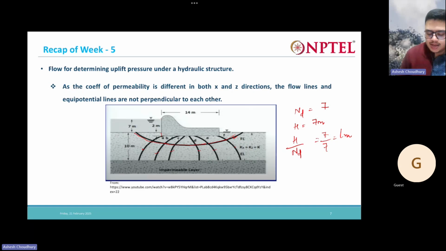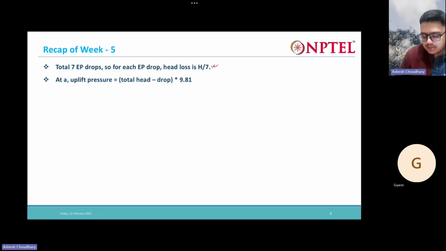The uplift pressure is nothing but the pressure head times gamma W, that is the unit weight of water.